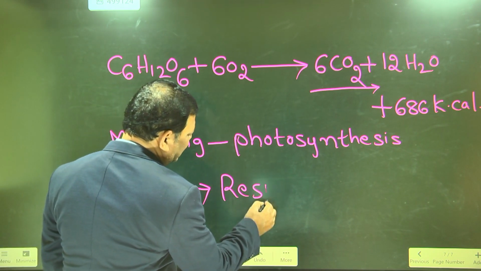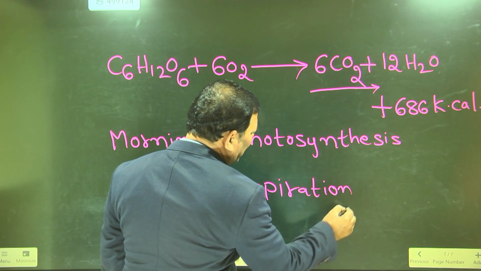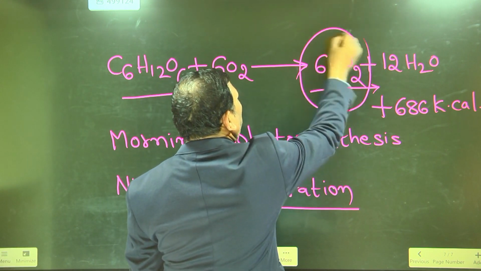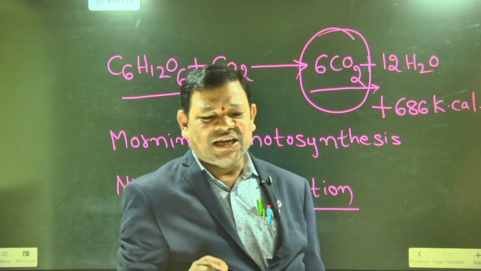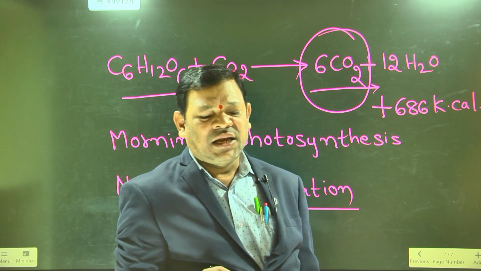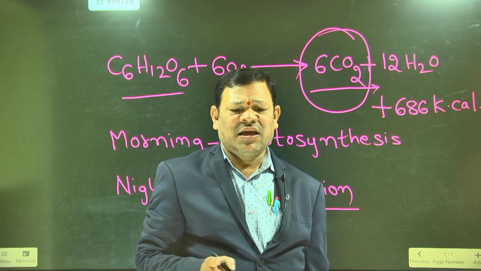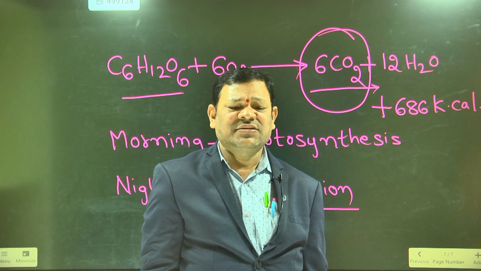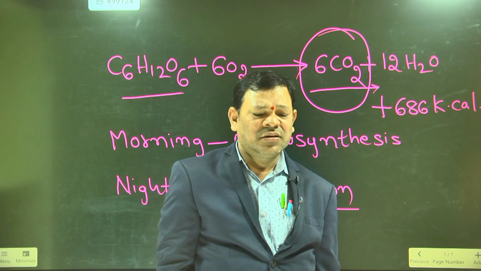So when respiration takes place, they release carbon dioxide gas. That's why you should not sleep near the trees at night time. Do you understand? They are releasing carbon dioxide gas, and that carbon dioxide gas is not essential for respiration in human beings.